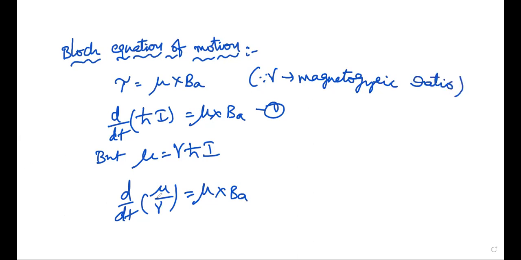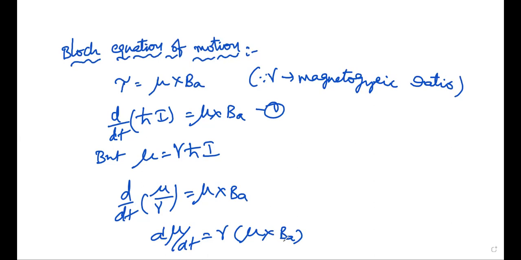So d by dt of mu by gamma is equal to mu cross B, and d mu by dt is equal to gamma into mu cross B.